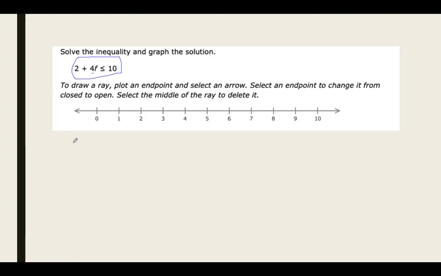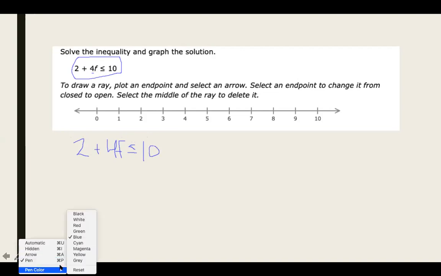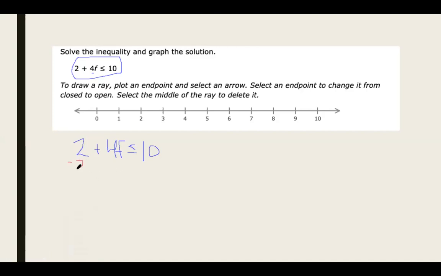Just to rewrite this out, you do 2 plus 4f is less than or greater than 10. Now I'm going to switch off the pen color so I can show you step by step what to do next. So isolate all numbers that are with the variable.